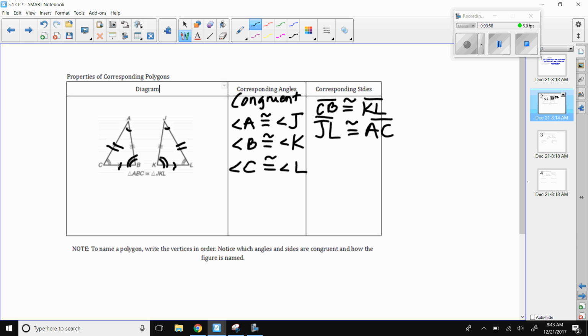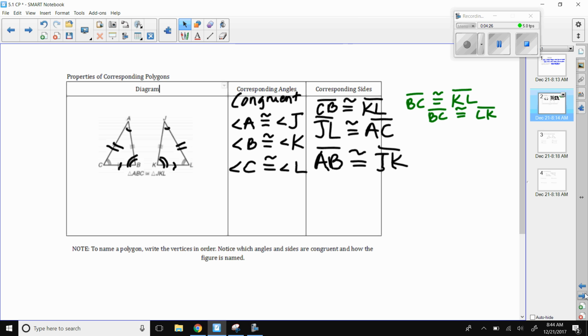And the last one, the 3rd tick marks, I see AB is congruent to JK. And remember that these can be written in the opposite way as well. We can call CB, BC congruent to KL, or BC congruent to LK, as long as you're still talking about those same things.